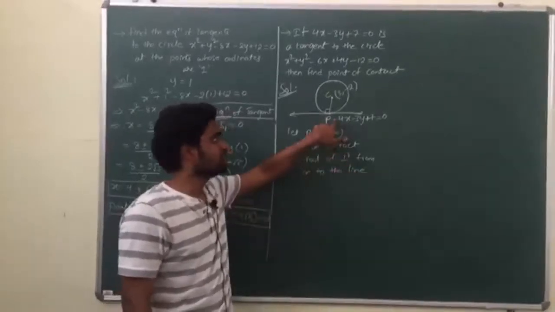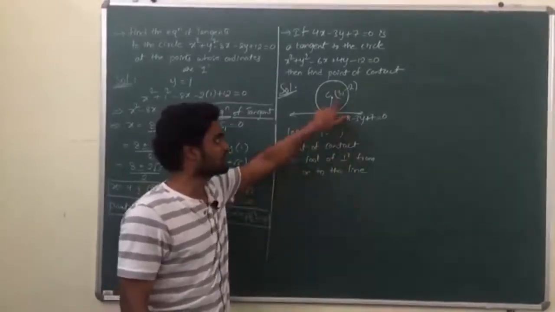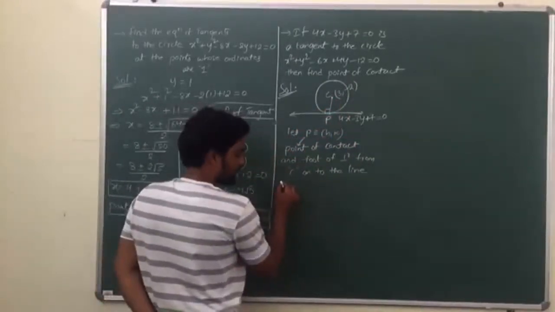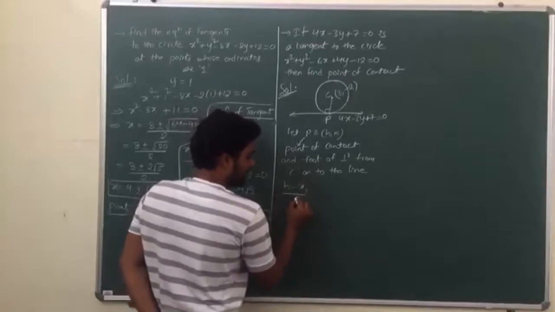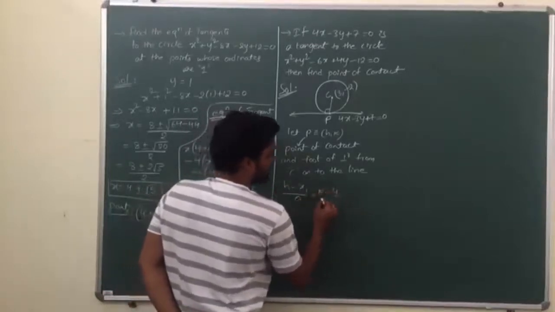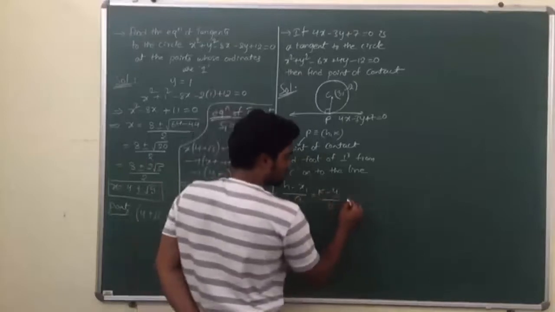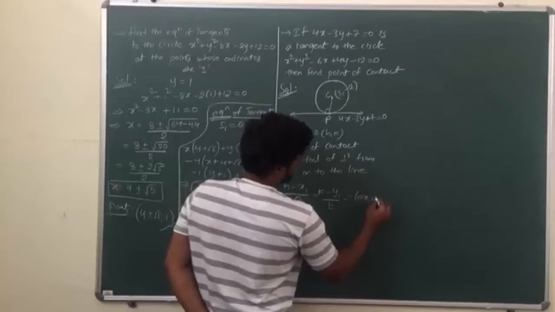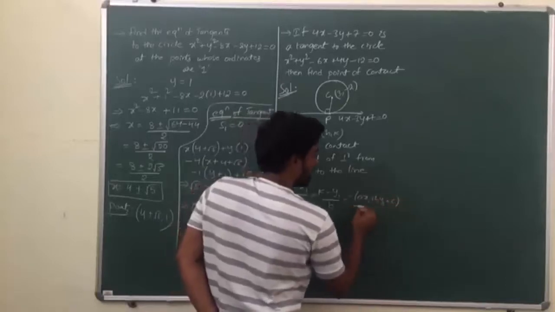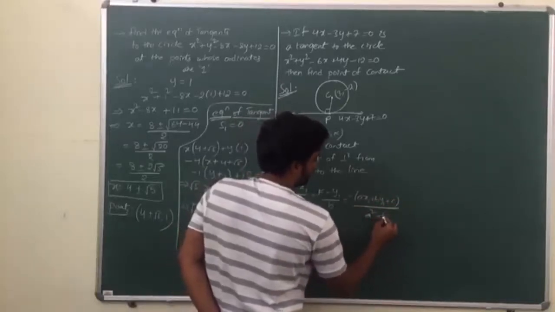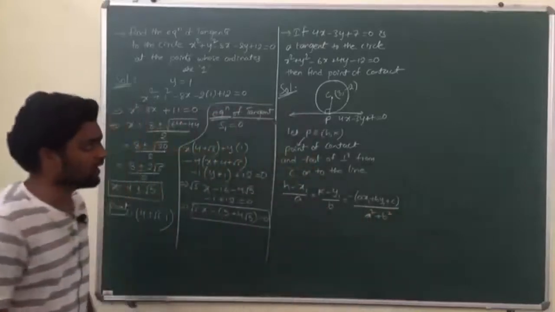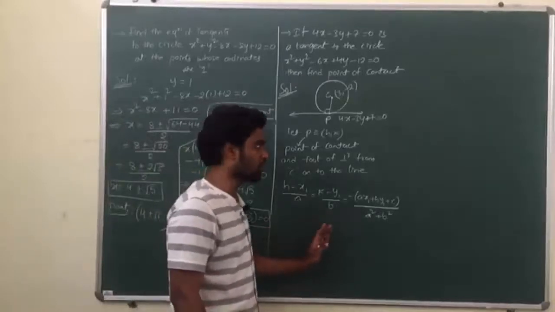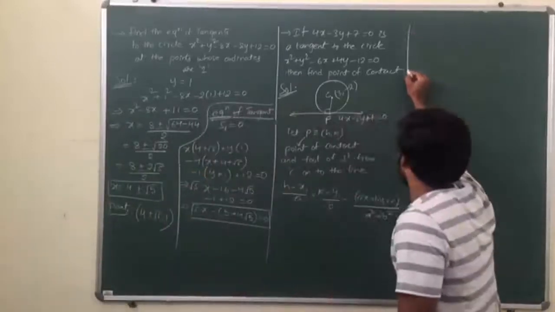The concept here is P is also the foot of perpendicular of C onto the line. What is the foot of perpendicular formula? (h minus x1) by a is equal to (k minus y1) by b is equal to minus (a x1 plus b y1 plus c) upon (a square plus b square). This is the formula to find the foot of perpendicular, which we have learned in straight lines.